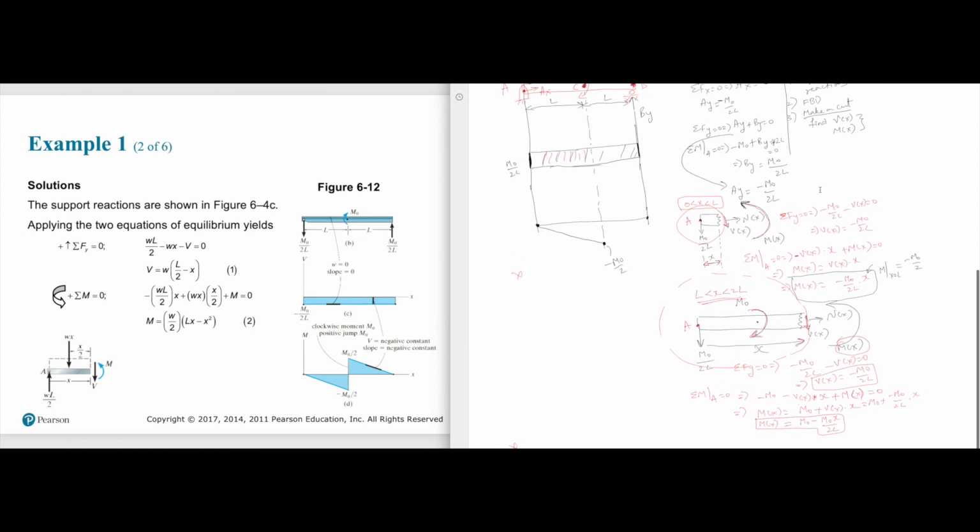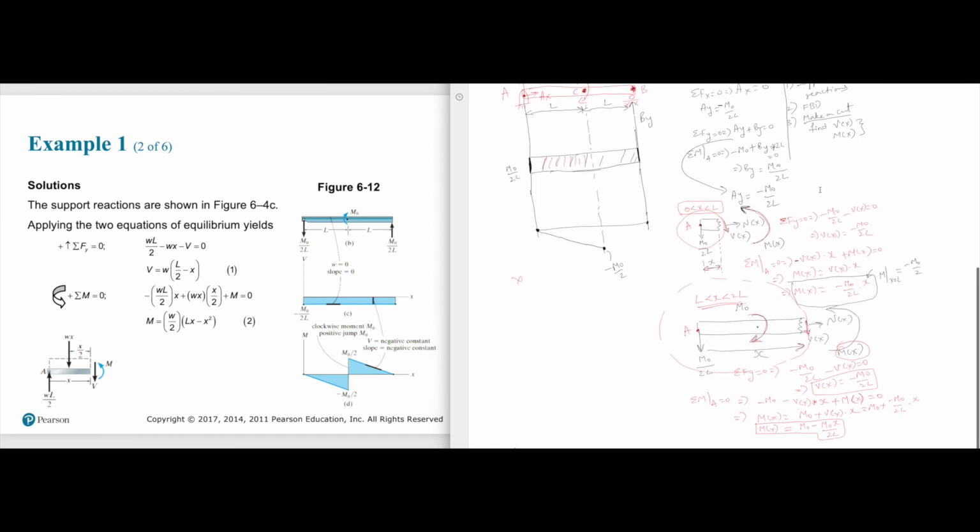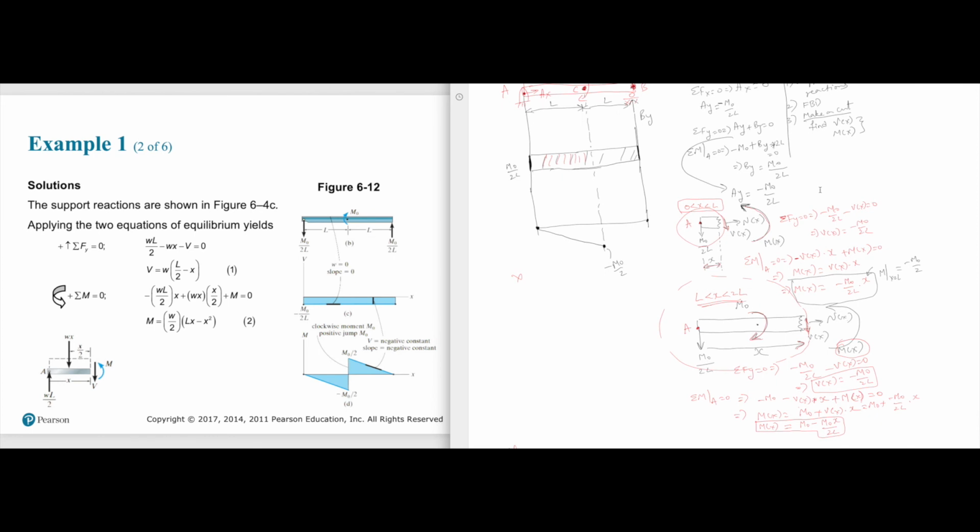This is the moment at x in this region, L to 2L. So what is the moment at x equal to L? So plug in x equal to L here.